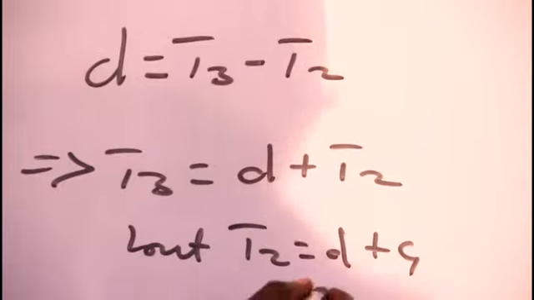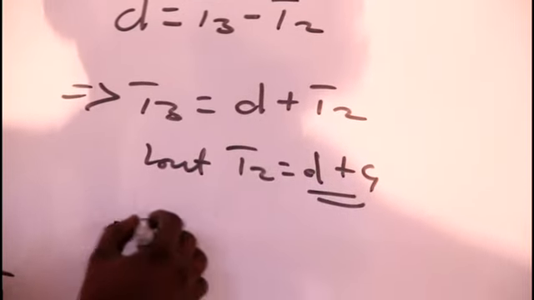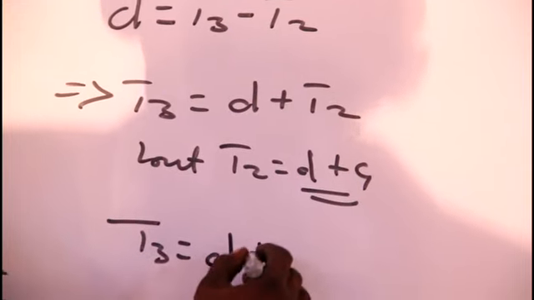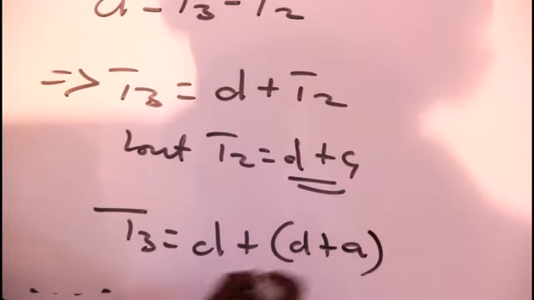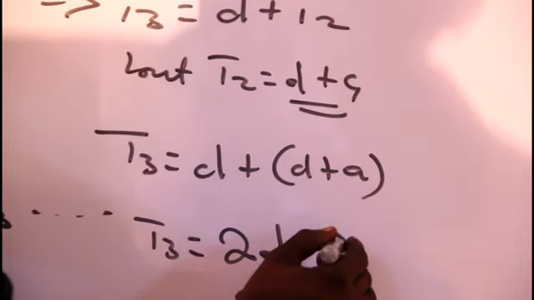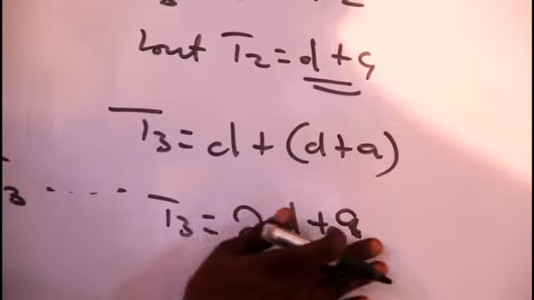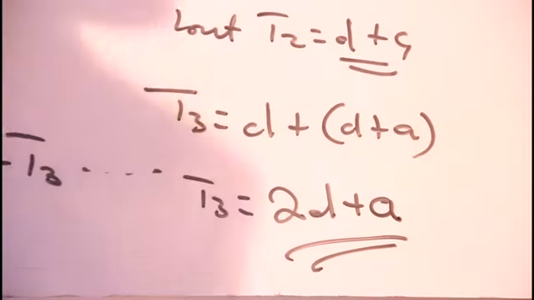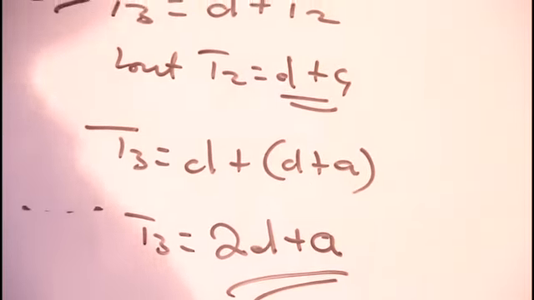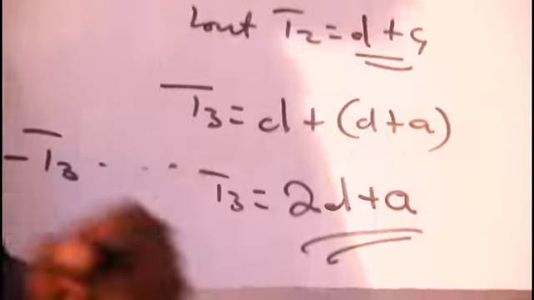If we substitute this value into this relationship, T3 will be equal to d plus (d plus a). If you open this bracket, T3 will be equal to d plus d, which gives us 2d plus a. So T1 is a, T2 is d plus a, T3 is 2d plus a.